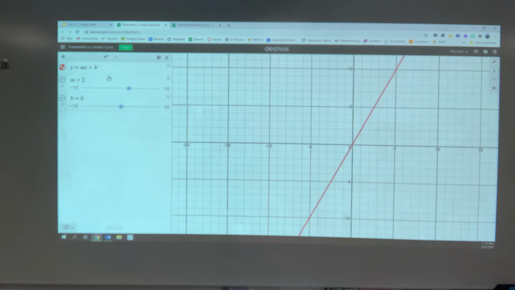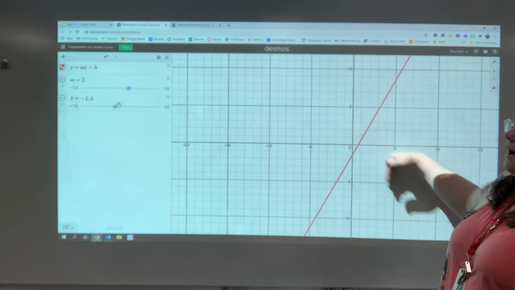Another parameter, again, what we just talked about, is that b value. These are things that you're familiar with. That b value is going to change your y-intercept, where the function crosses the y-axis. As that thing moves, it kind of looks like it's going diagonal, right?